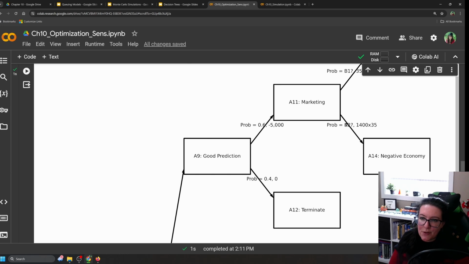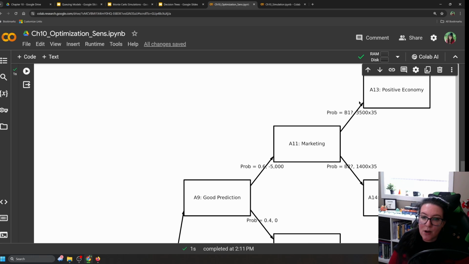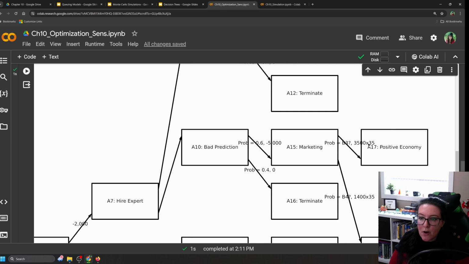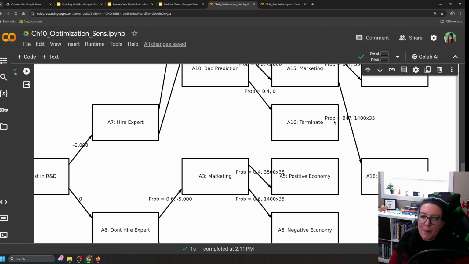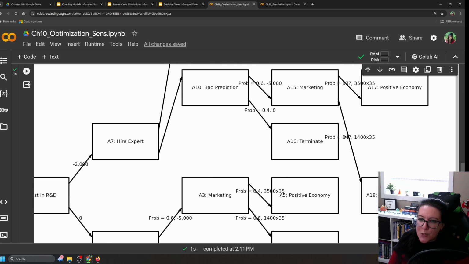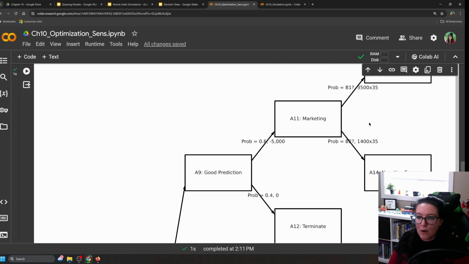I don't know if you can see, this is a question mark and this is a question mark. What is the probability that there will actually be a positive economy if they predict a good economy? And what is the probability that there will be a positive economy, question mark right here, if they predict a bad economy? What's the probability there will be a bad economy if the expert predicts a bad economy? So at the end of the decision tree, in these last sections, we don't know the probabilities of these outcomes.